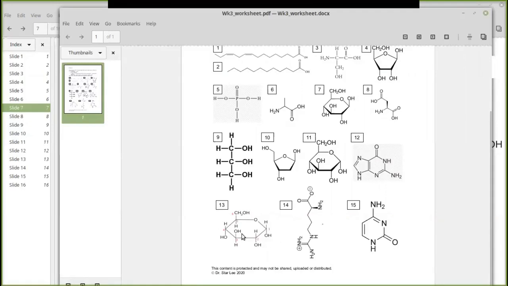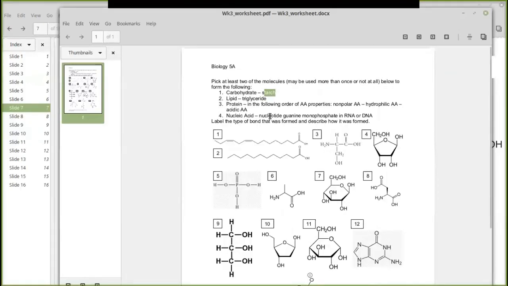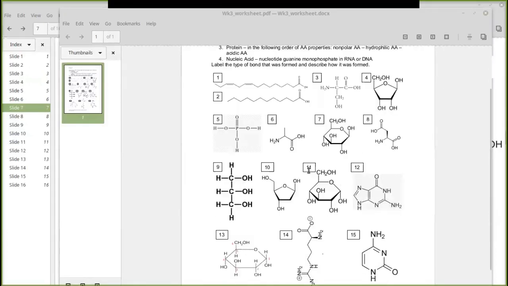I mean, not really, but I guess. Okay. This is important to keep in mind: some representations of molecules are different. Like here, they don't explicitly list all the hydrogens. Yeah, okay. So 11 and 13 together would be able to form the carbohydrate starch. Good job. Okay, so you have starch from 11 and 13.